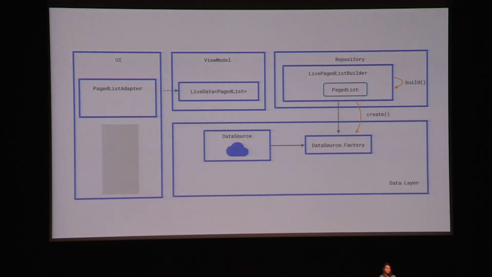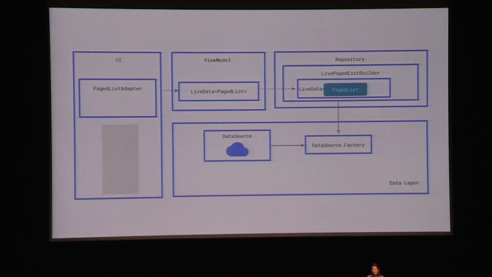This means that the PagedList will have a reference and will work directly with that data source. And then the PagedList will trigger the load initial for that data source. It will get the data, and then the LiveData will be populated with the correct value. And then that will be emitted afterwards towards the adapter, and then the list will be displayed.